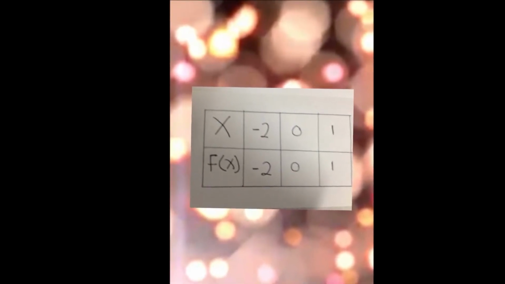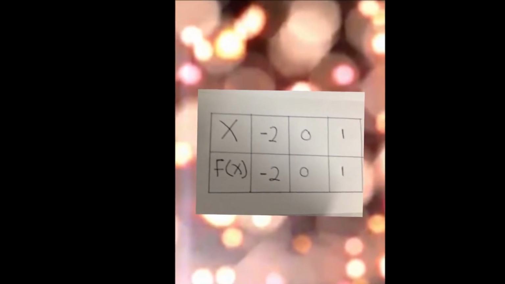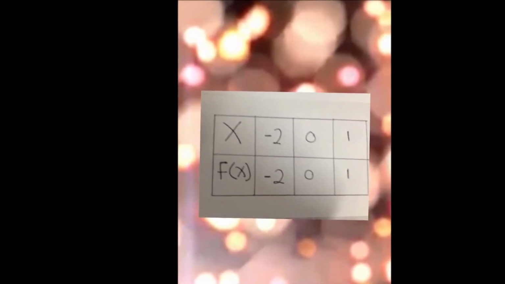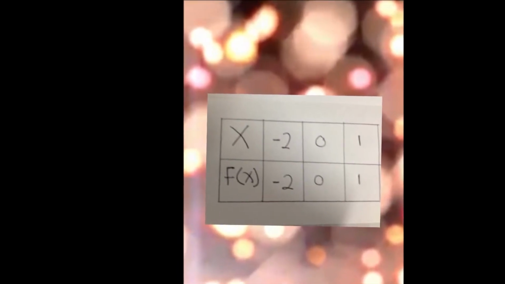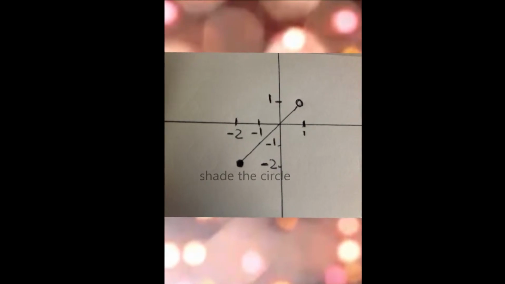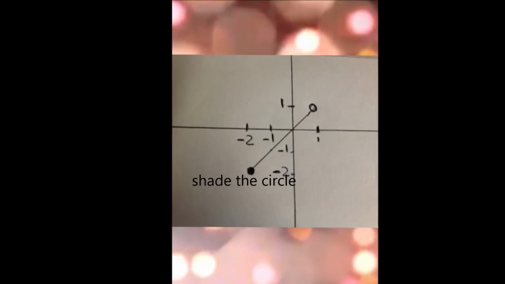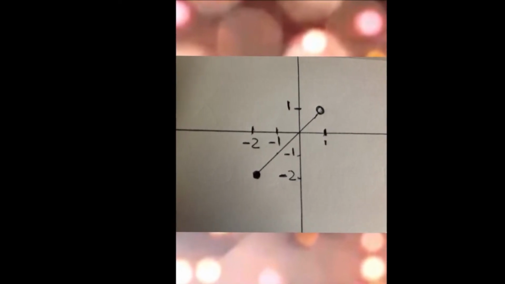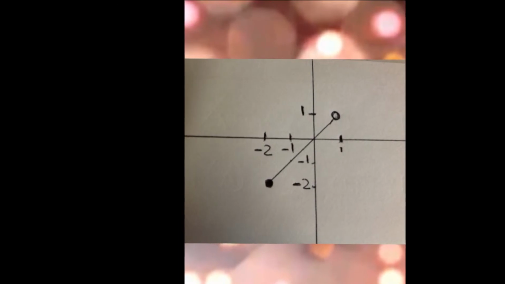For example, the value of x is -2, and in the definition of f of x it is -2. To graph it, we need to plug in the values, and since -2 is less than or equal to, we need to shade the circle and leave the other circle at 1 open. Since it is less than only, the graph will look like this.